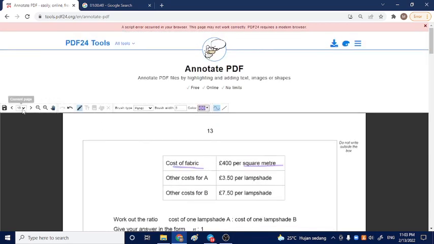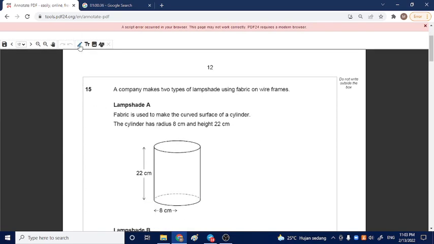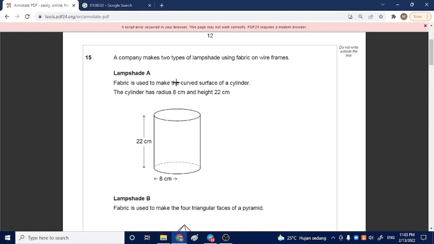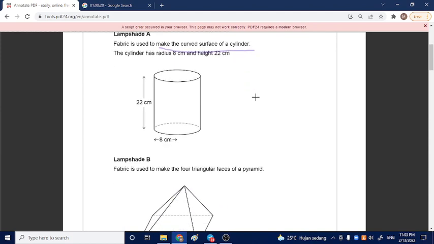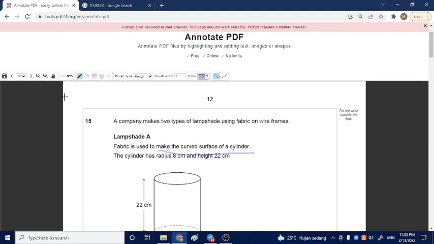Now I need to know which part of the lampshade is covered with fabric. It's used to make the curved cylinder, so we only need to consider 2 pi r h, not the lid and the base. Here it is also the case. We need to consider only the triangular faces.